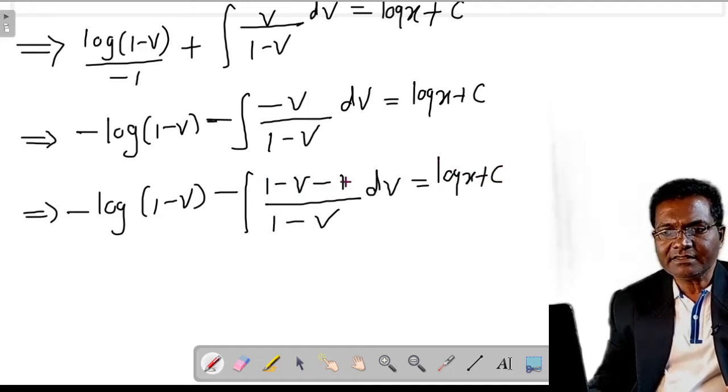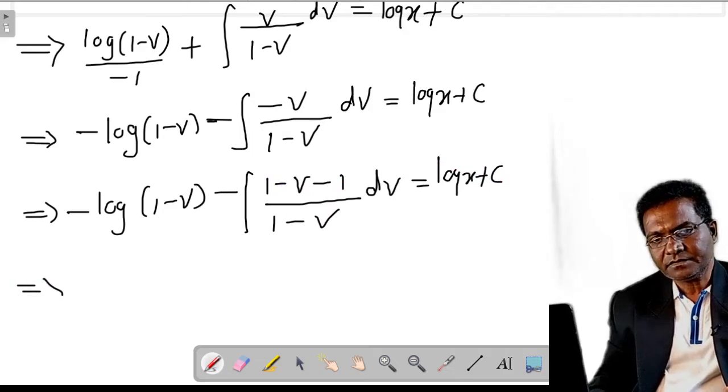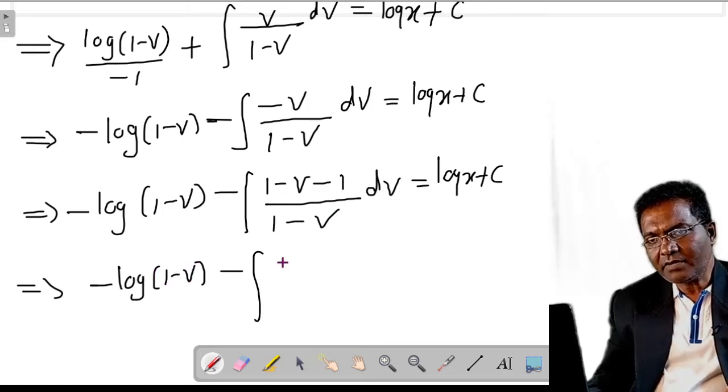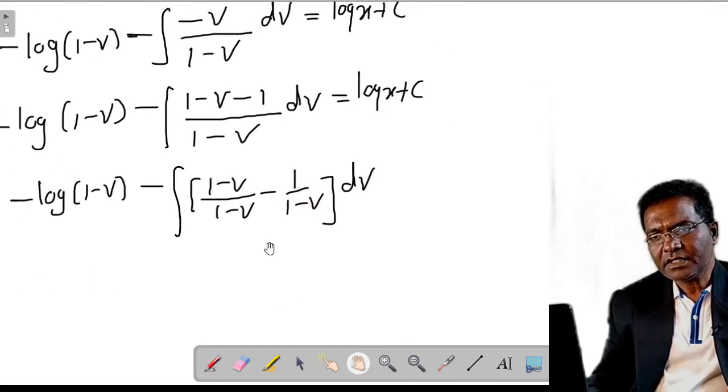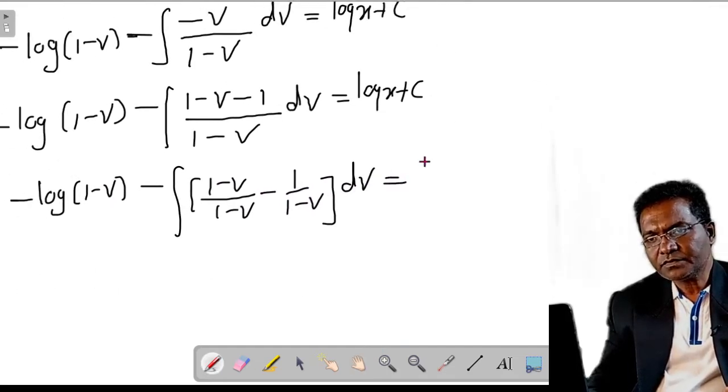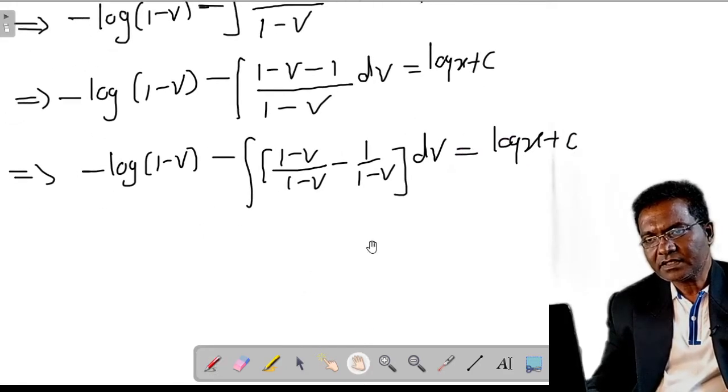I have added and subtracted. This is minus log of 1 minus v minus, now you can write (1 minus v) by (1 minus v) minus 1 by (1 minus v) dv equals log x plus c. Okay.